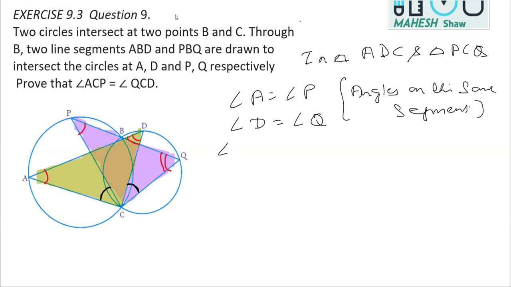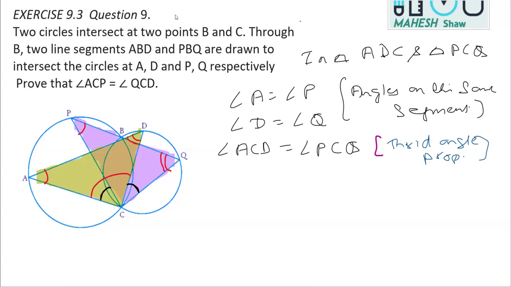If I see the first triangle, it is angle ACD, equal to the third angle of the other triangle, that is angle PCQ. So you may write down the reason here, that is by third angle property.